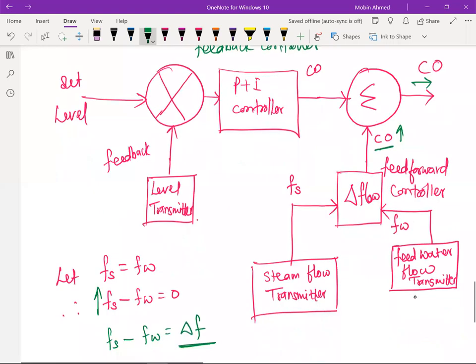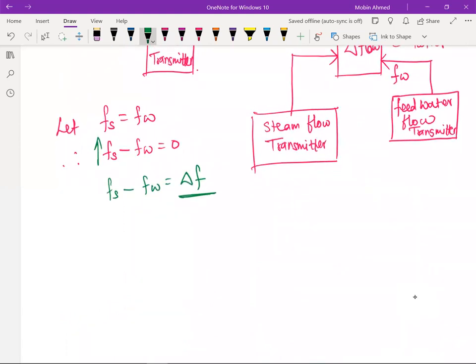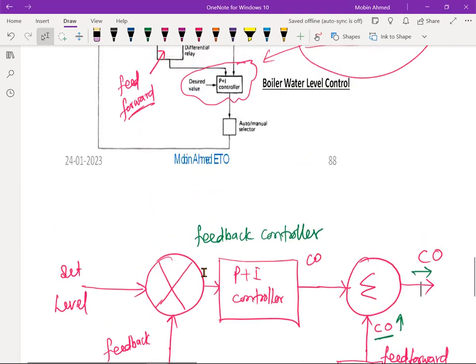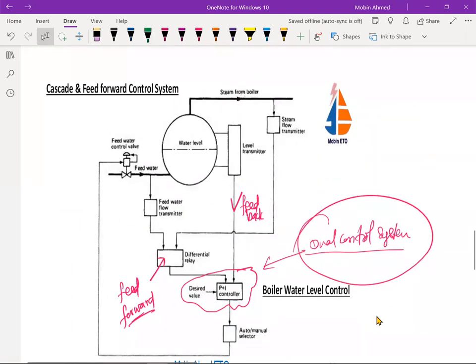Now let's see when this phenomenon happens, when suddenly the demand is going to rise. If you see here, this is the same arrangement that I have made down below. This is the steam flow transmitter and this is the feed flow transmitter.